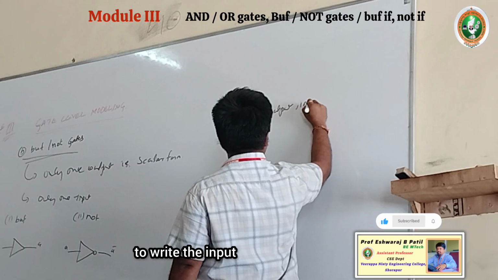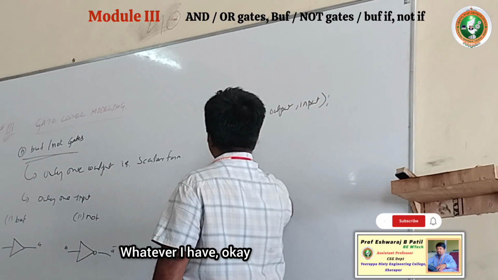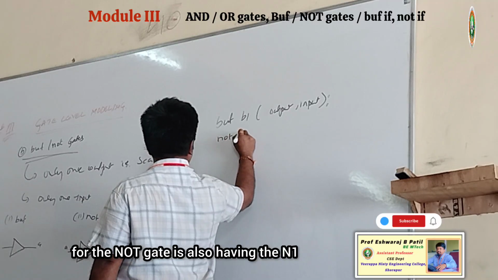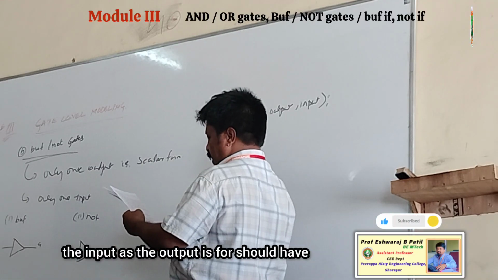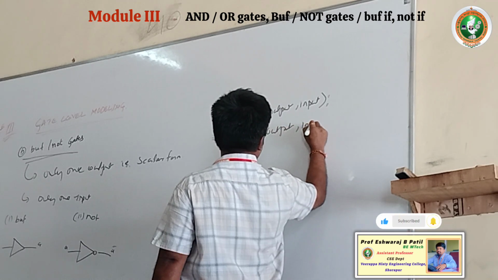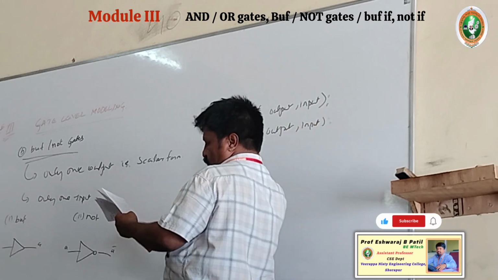For the NOT gate also, N1, the output should be written first, then the input.